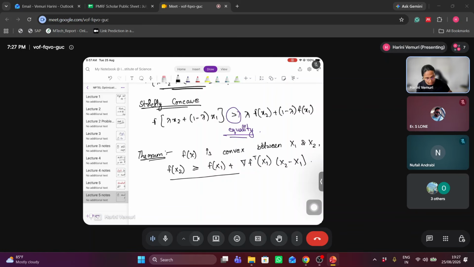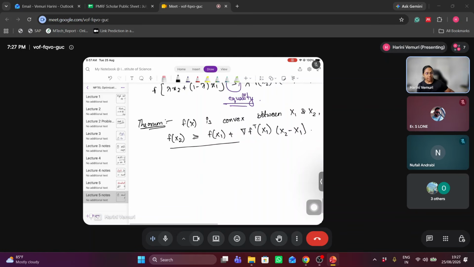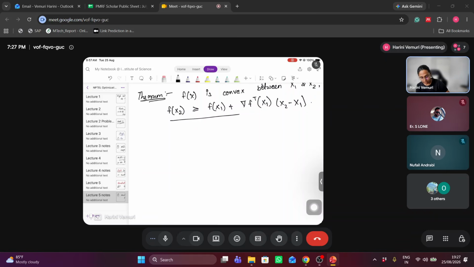This is one theorem. You can find the proof of this in the first lectures. Next, I'll give one problem related to convex and concave.